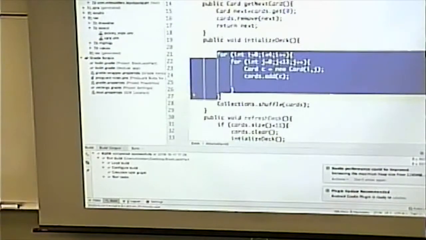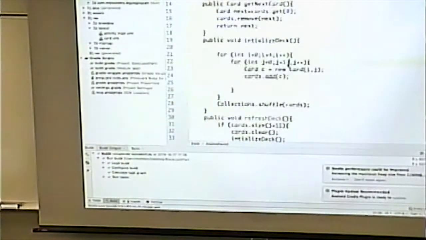Why is this i from 0 to i less than 4? Why does that first loop go through 4 times? What does that correspond to? 4 suits of cards. Right, there's the clubs, hearts, spades, and diamonds. Why does this go through 13 times?